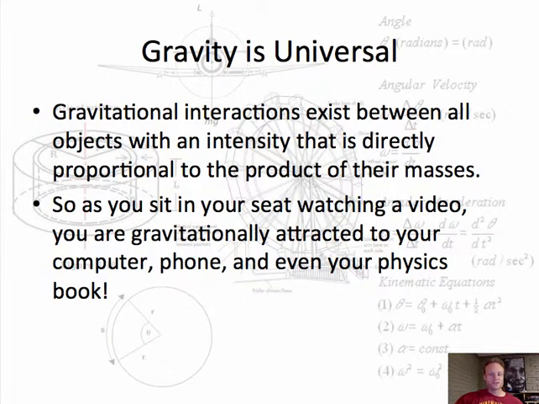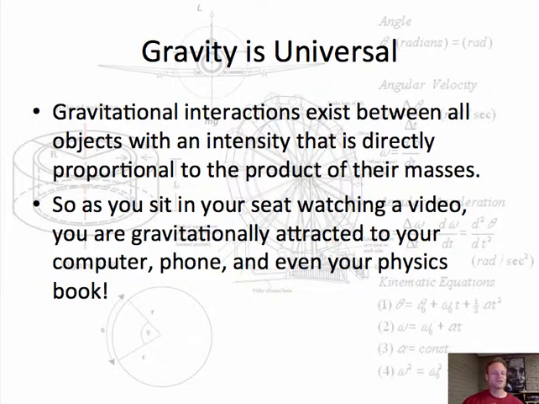So gravity is universal, and it acts between all objects with an intensity that is directly proportional to their masses. Notice their masses are in the equation along with distance. Those are the only two factors that really affect how strong the force of gravity is between two objects.